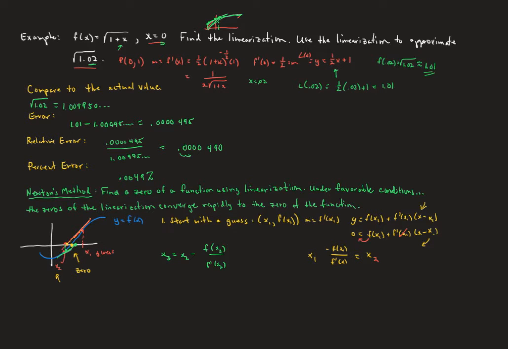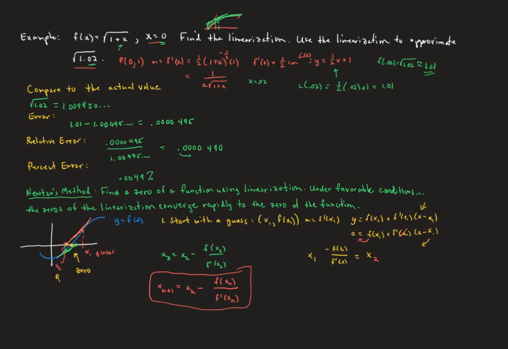We keep doing this, and so our Newton's method formula becomes: the next guess is going to be the previous guess minus f of that previous guess over f prime of the previous guess. That is our formula for Newton's method. And of course, using our calculator, it gets really easy to do this really fast.